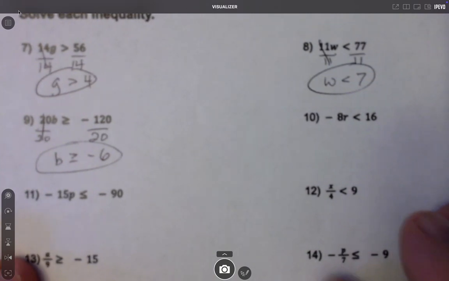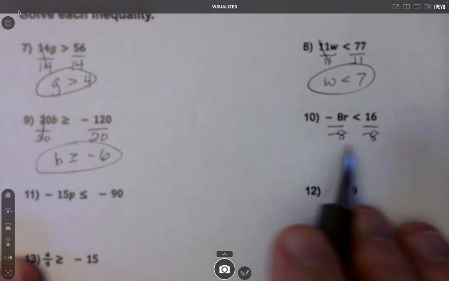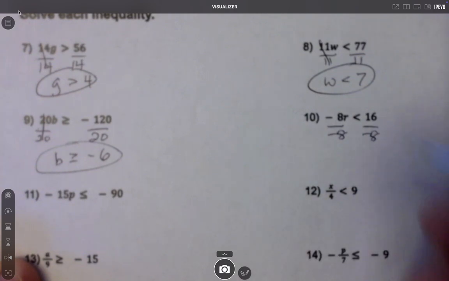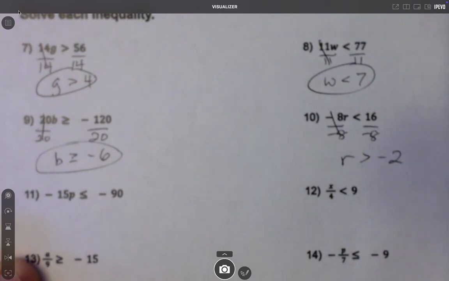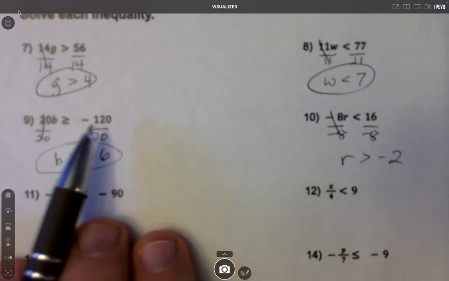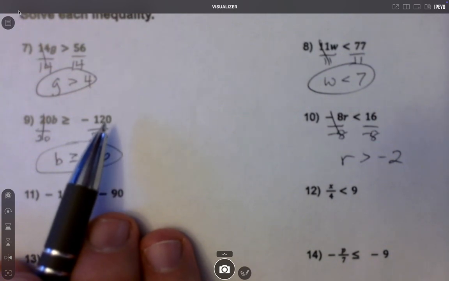But in number 10, it's negative 8 times r, so we will divide both sides by negative 8. So since what we're doing to both sides has to do with a negative number, this time we will flip the inequality sign. So we'll have r is greater than negative 2. So make sure you know that. Just because this number over here is negative doesn't mean we have to flip the inequality.